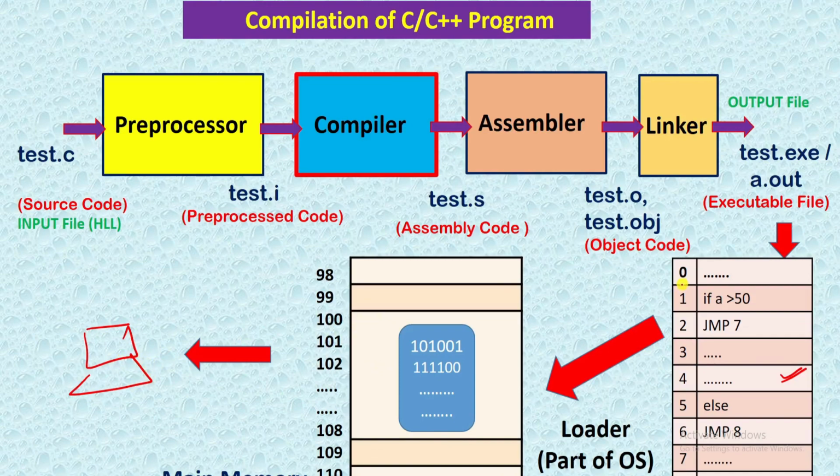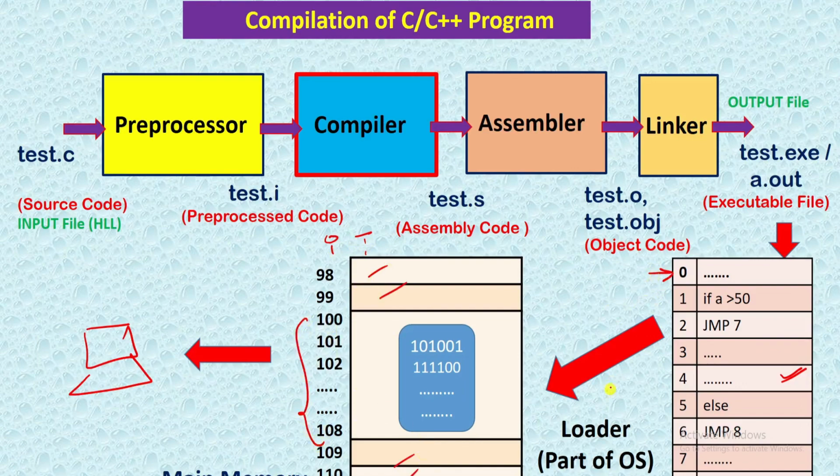So basically, when I was telling you that this exe is relocatable, it means that here this 0 address is the starting address of your program, right? But let's say the 0 address is filled, the 1st address is filled, these addresses are filled, and only this space is empty.